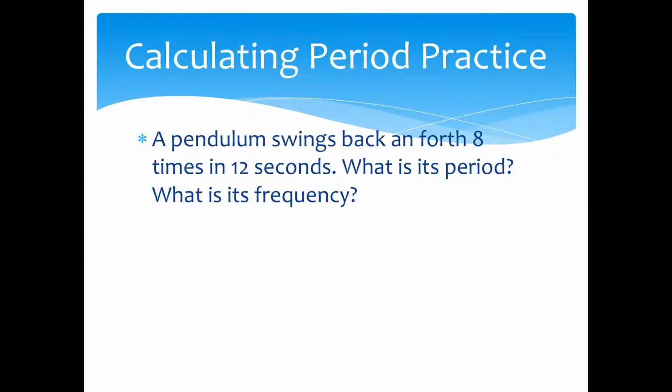A pendulum swings back and forth 8 times in 12 seconds. What's the period, and then what's the frequency? This is a multi-step problem where you are going to need to use both of the period equations you were given. So for the first one, we are going to need to use period equals time divided by waves.